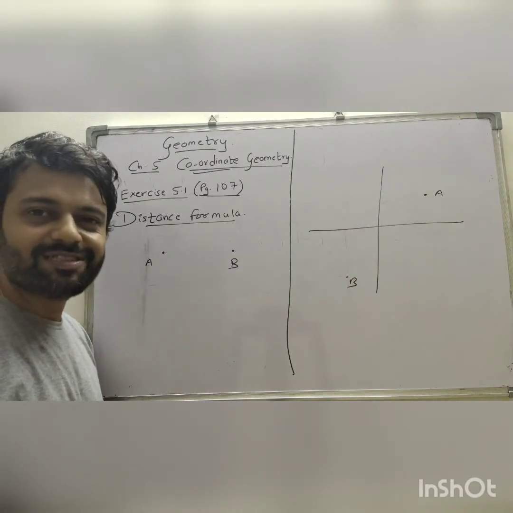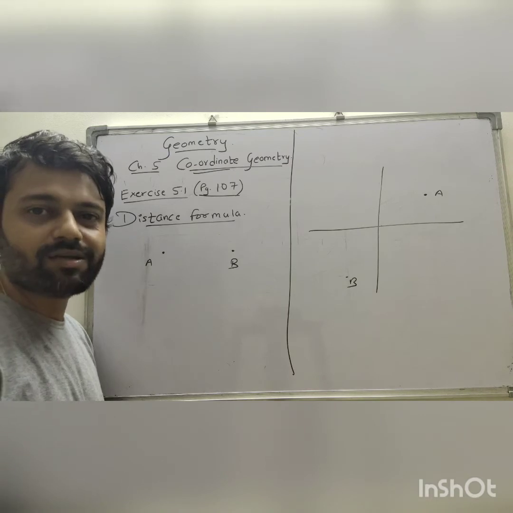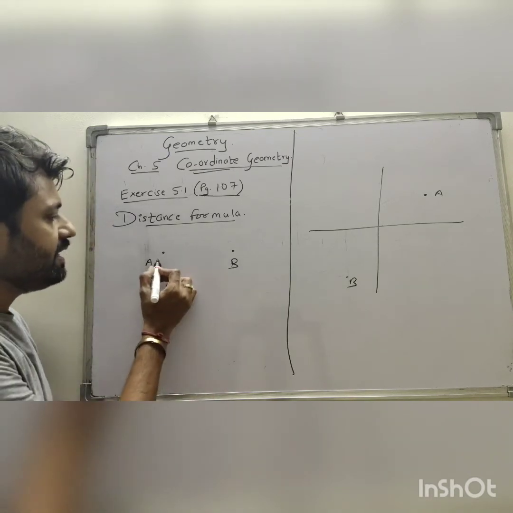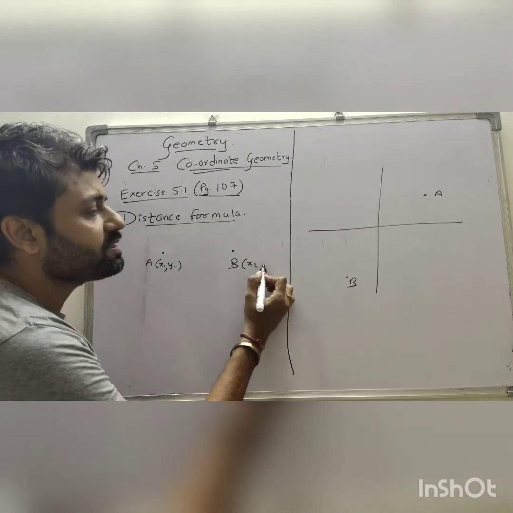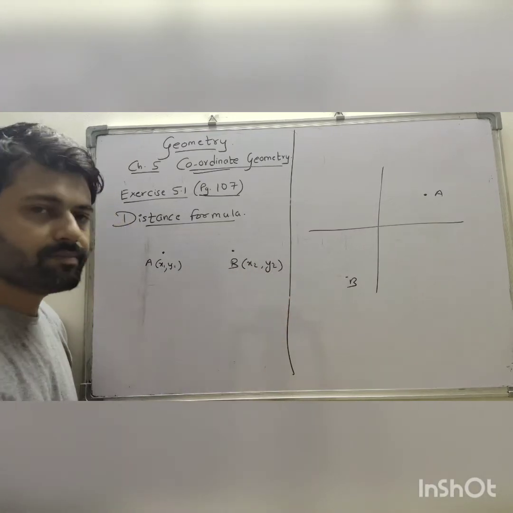Of course, the point has got coordinates. Say A has got x1, y1 coordinate and B, suppose it has got x2, y2 coordinate.